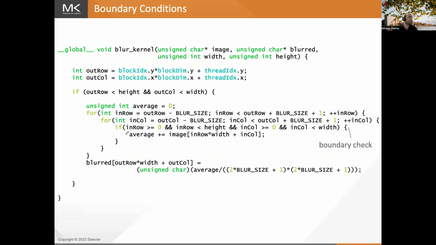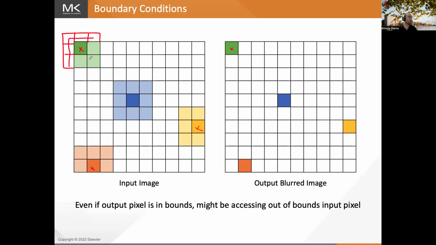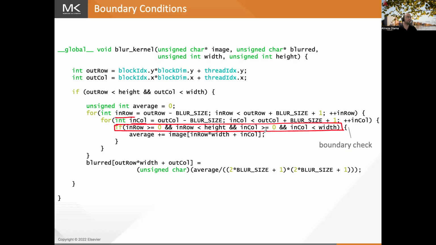So I need to provide another boundary condition to avoid these cases as well. That's why in the final implementation, we have another if statement here to make sure that we are still within the image boundary. You just need to make sure that the in row and in col, which are the index of these pixels, are inside the image boundary, right?